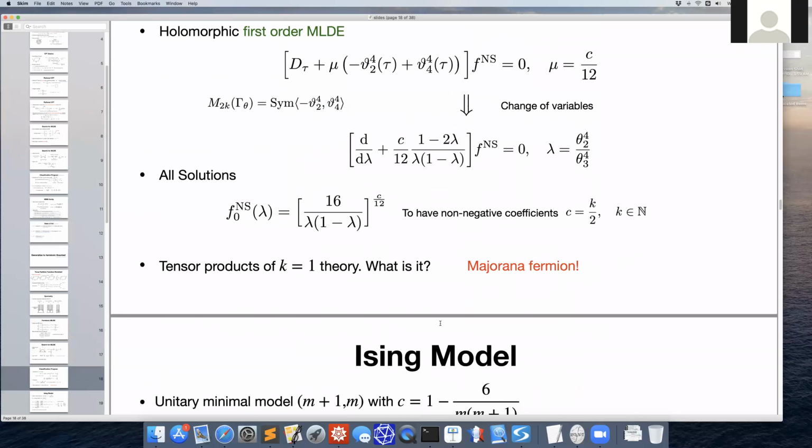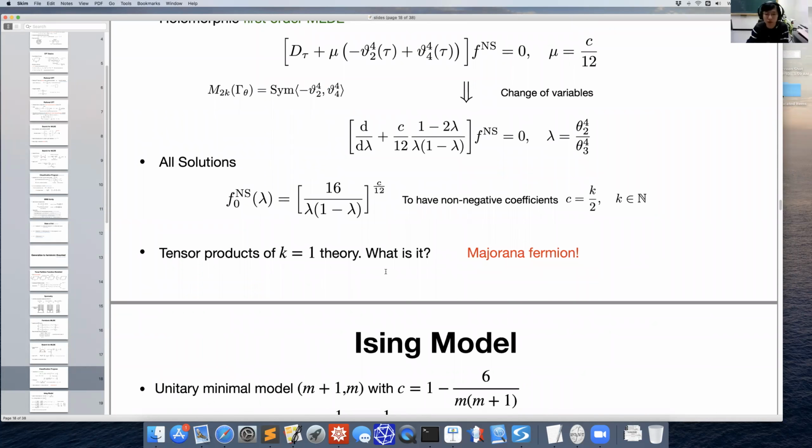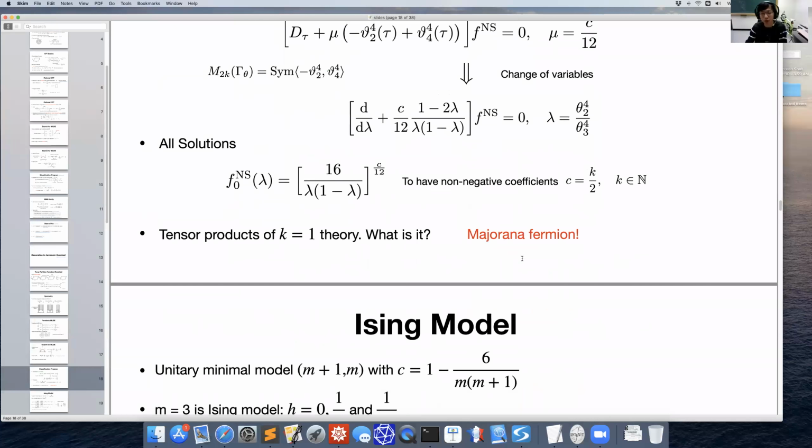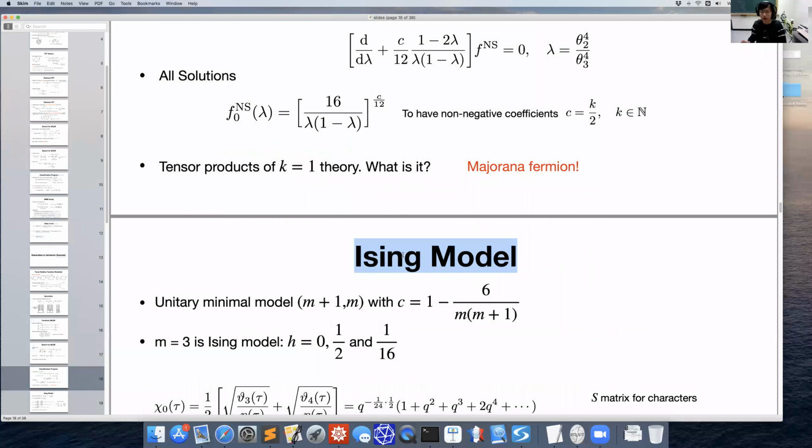And let's talk about some relation to bosonic theories, which is the Ising model that we all love. If you look at rational models that only have Virasoro symmetry, there's a well-known family of theories known as the minimal models, labeled by two integers. If you want them to be unitary, they must differ by 1, with the following central charge.